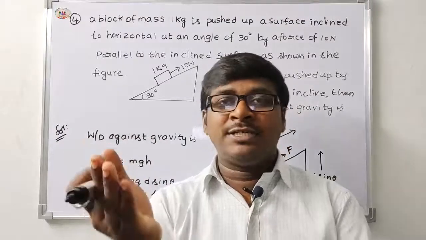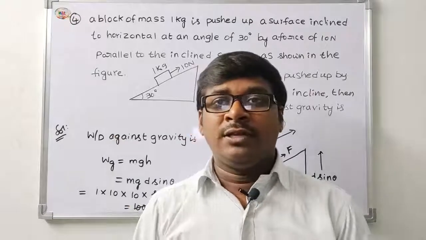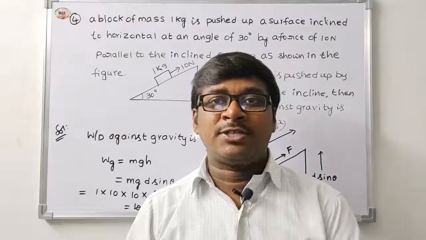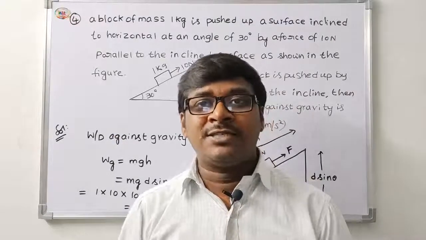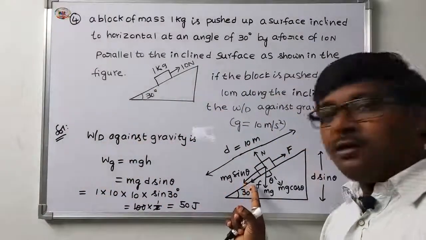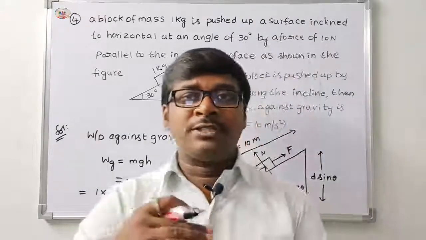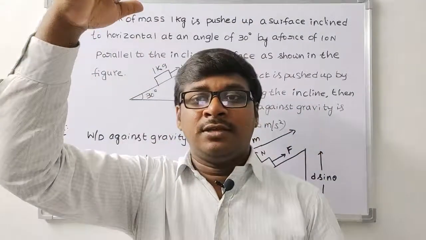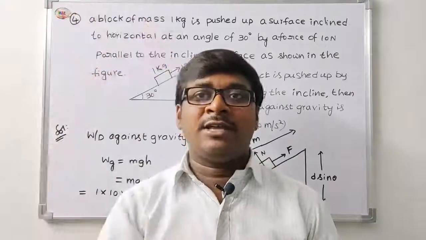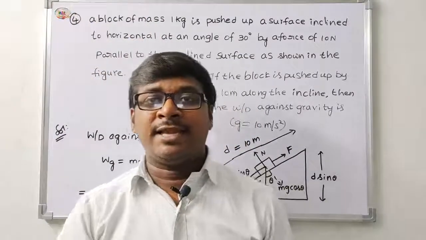So one force is acting in downward direction, that is against the relative motion of the body. One force is in the opposite direction of the applied force, that force is called force of friction. The force of friction is acting in downward direction, the normal force is acting in upward direction, and the gravitational force is in vertically downward direction, making angle theta.